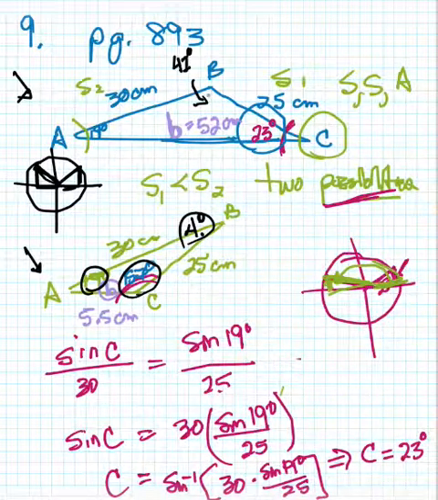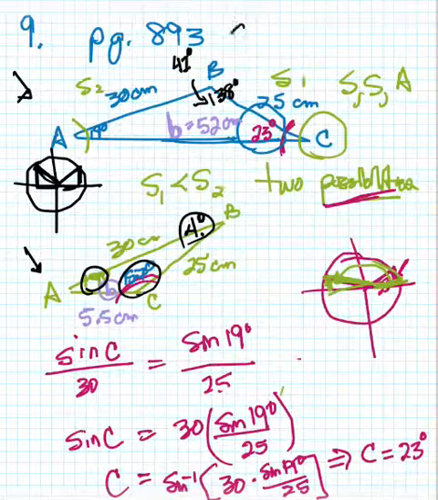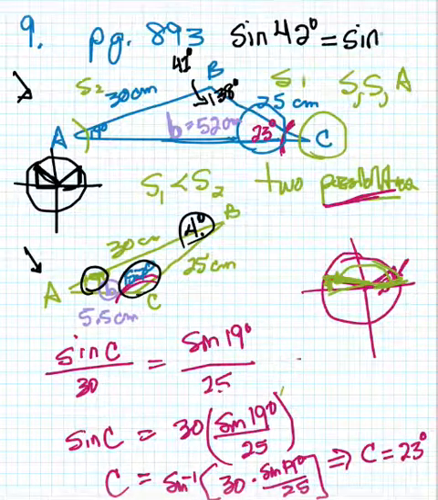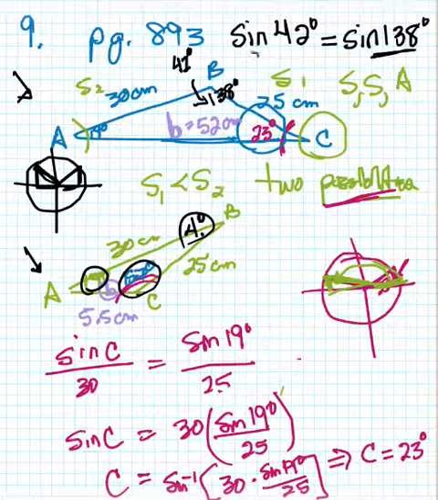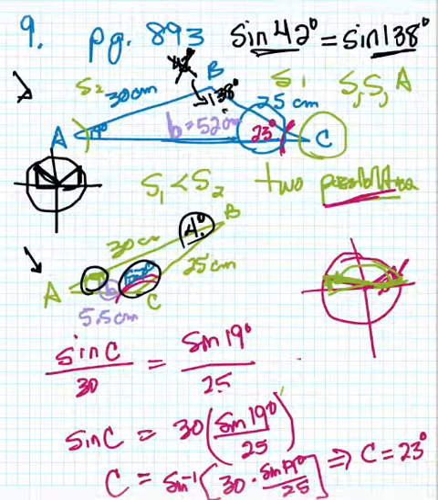That's actually what B was supposed to be, 138 degrees. The sine of 42 degrees is the same height in the circle as the sine of 138 degrees. This is the problem with periodic functions. So since B could be 42 or 138, I'm going to pick the 138 because B is obtuse up here.